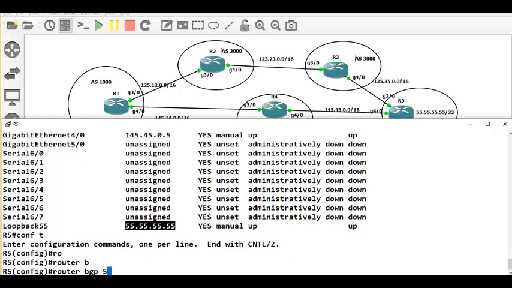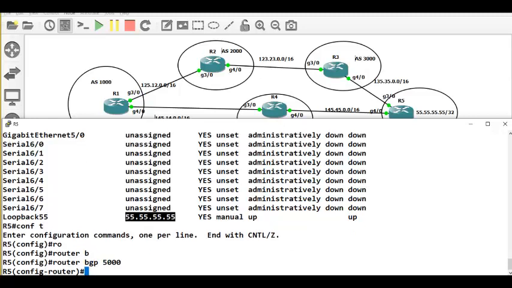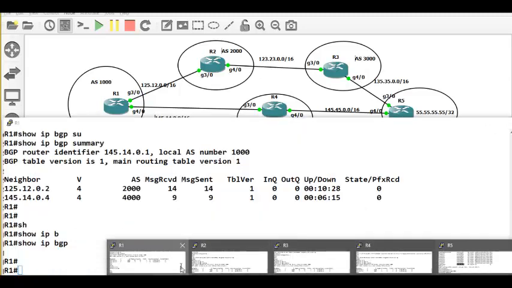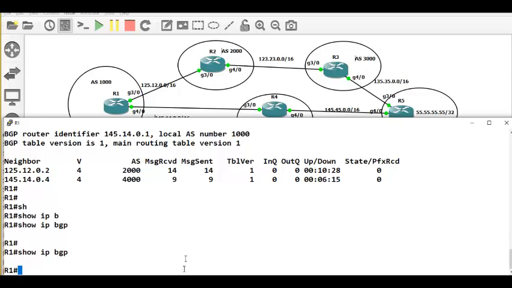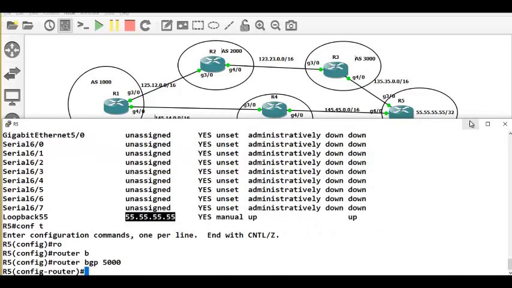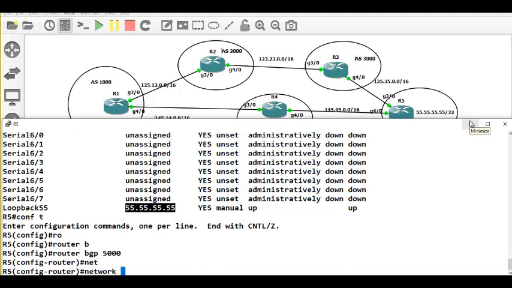I already told you the neighbor command will not advertise any network. See, we have used neighbor command in various places. Do you see any network learned, advertised? Nothing. Only a network command or redistribution will help you to advertise.